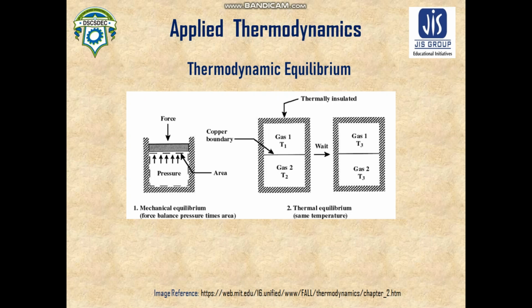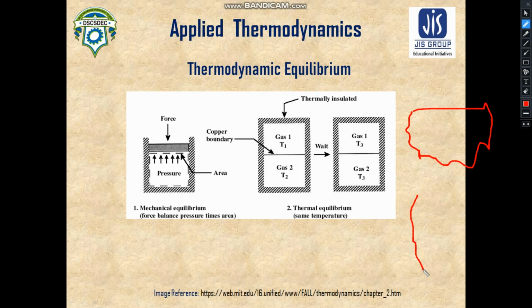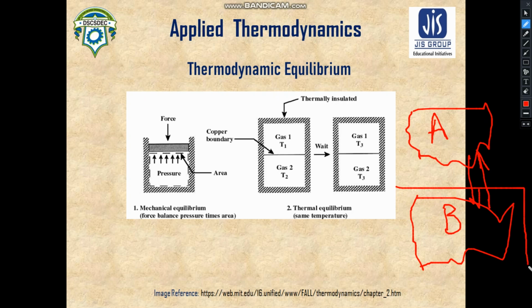Suppose this is system A and this is system B. Some kind of interaction was going on. Now you have separated these two. Let us consider this as an adiabatic wall.